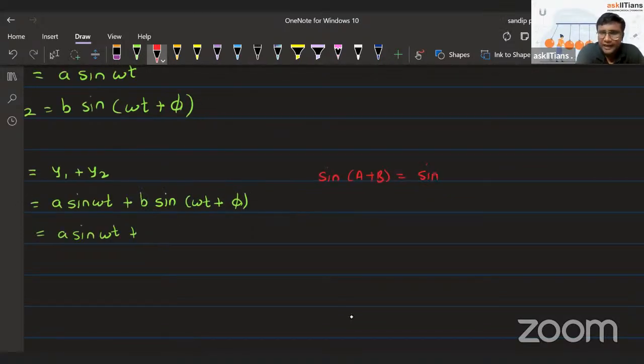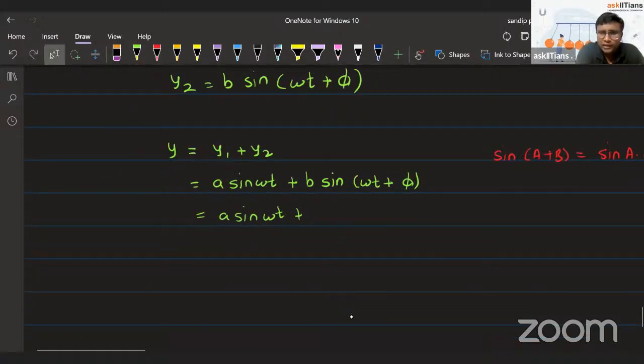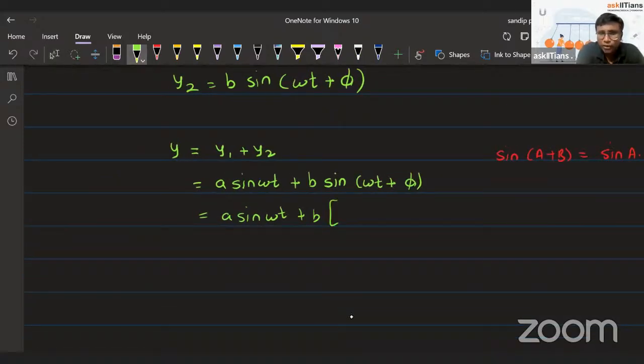That is sine a cos b plus cos a sine b. Let's try to use that formula here. B, this is sine omega t cos phi plus sine phi cos omega t. Again, what I can do, I can just segregate. I will just give this b here.